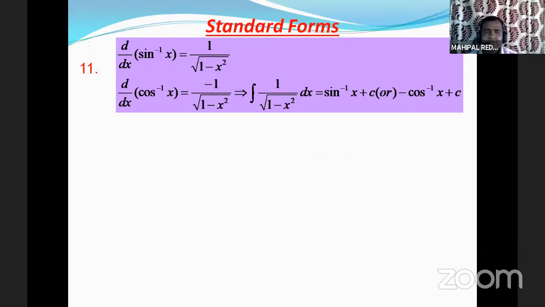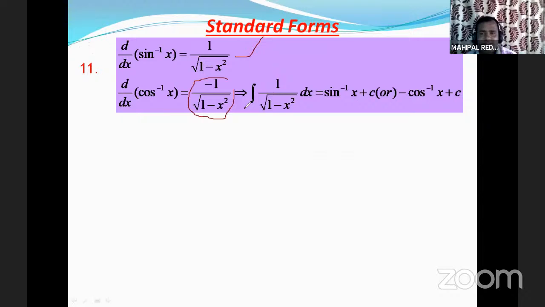Similarly, the derivative of cos inverse of x, the cosine inverse function, just the sign is different here. Sine inverse is 1 by under root of 1 minus x square, and the derivative of cos inverse x equals minus 1 by under root of 1 minus x square.